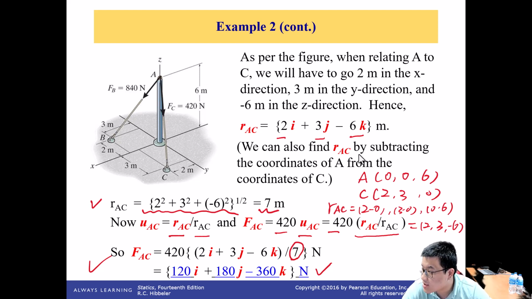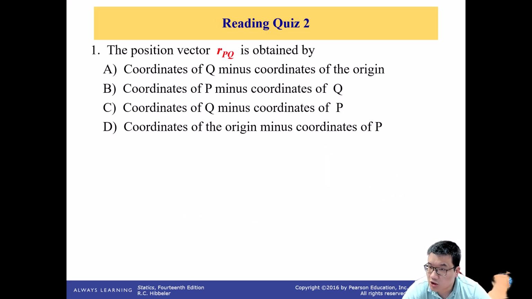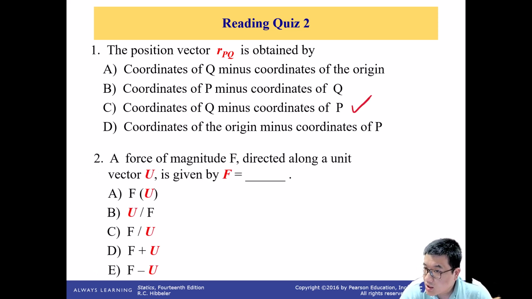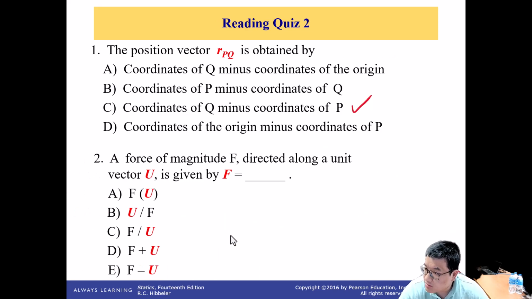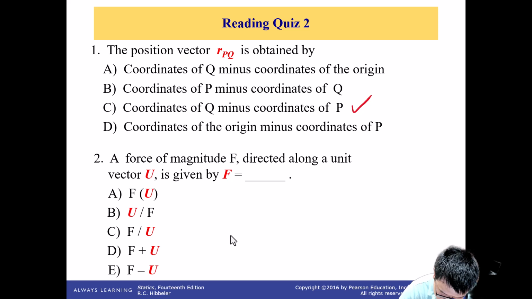RAC is calculated by subtracting the coordinate of A from the coordinate of C. In other words, if you want to calculate RPQ, it should be the coordinate of Q minus the coordinate of P. Second question: the force of magnitude F directed along the unit vector U is given by F times U. If we go back to the example, FAC equals the magnitude of FC times the unit vector.